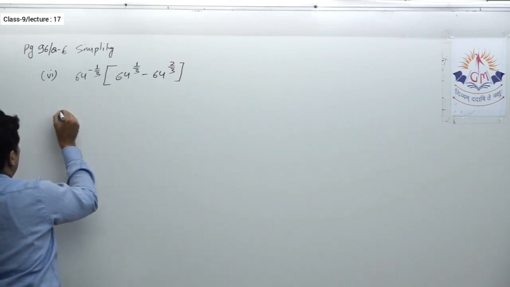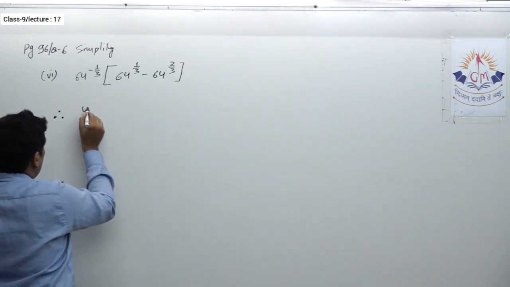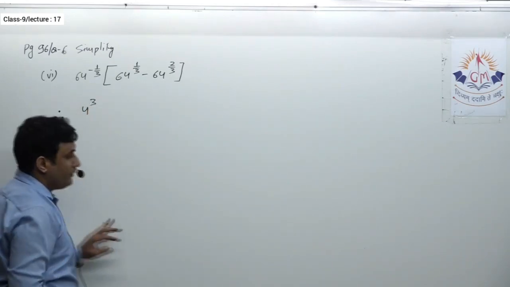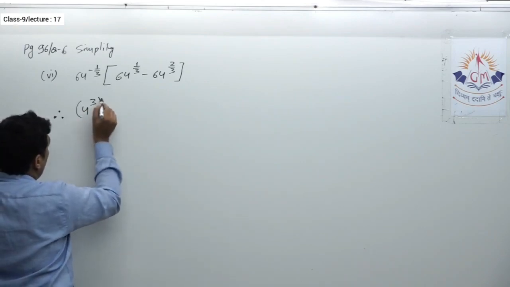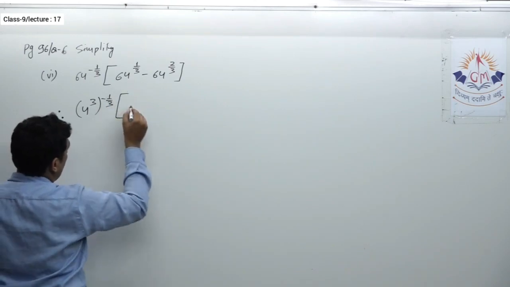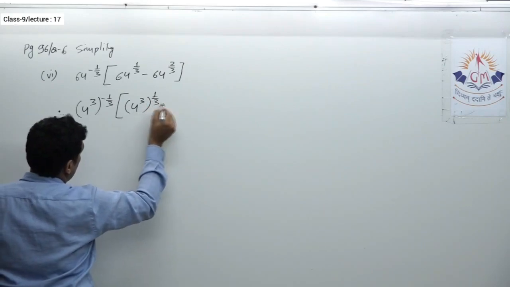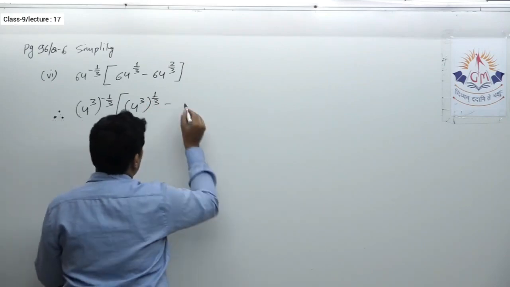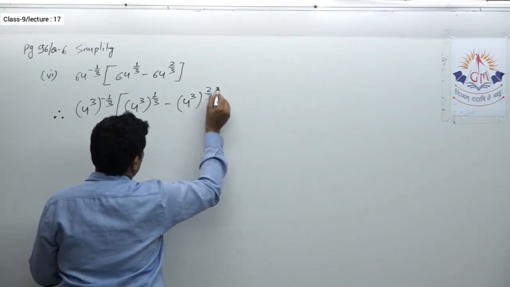Okay, so this 64 raised to minus 1 by 3, I can write 64 as 4 cube, raised to minus 1 by 3. Then over here again it is 4 raised to 3 raised to 1 by 3 minus again 4 raised to 3 raised to 2 by 3.